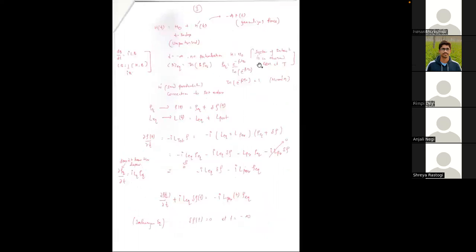The approximation lies in the page before that. Due to this approximation, the equation becomes linear and the dependence becomes linear. Basically, you are neglecting the second order term here.